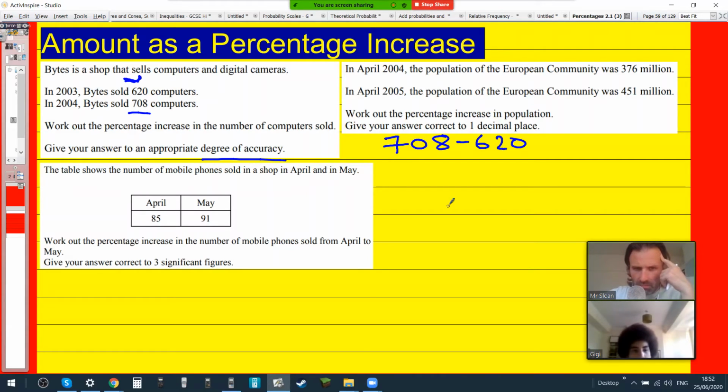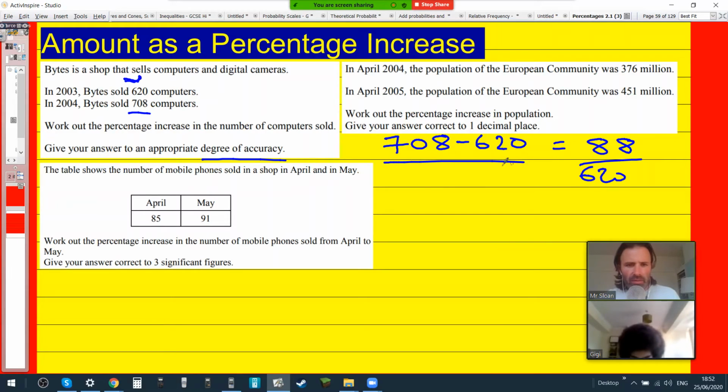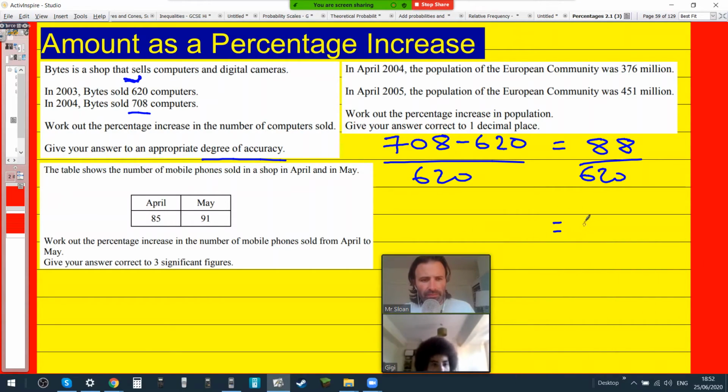It's 88. Okay, so that gives you 88. We want it as a percentage. What would it be as a fraction? 88 over 620. Yeah, and turn it into a percentage. 41.1%.